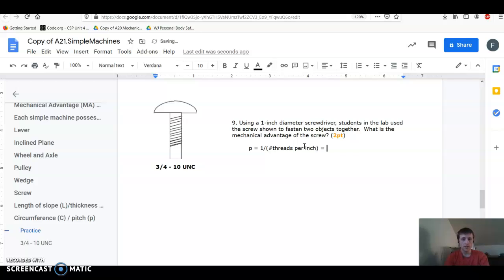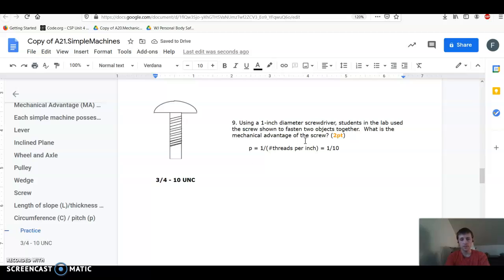So in this particular situation, we would have 1 over how many threads per inch? Well, we have 10 over 1, so we could write that, but really this is the same thing as just 1 over 10. So the pitch of this particular screw is 1 over 10.